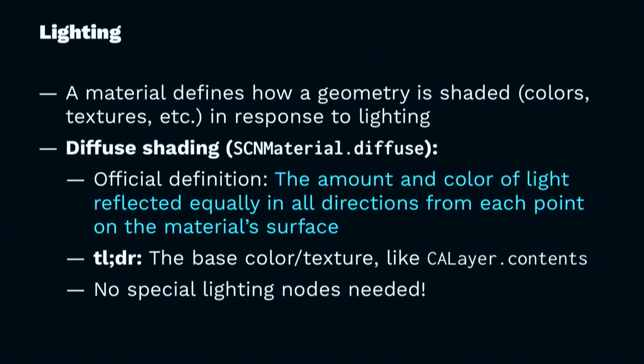That's pretty much the same thing here. So if you just want that base texture, all you need to do is set the diffuse property, and you don't need any special lighting nodes, because in this case we're not concerned with changing the appearance of the shapes as you move the camera. No matter where the camera is, the coloring or the shading is going to be the same. And so there's no special lighting nodes. You just use the diffuse shading, and that's pretty much it.